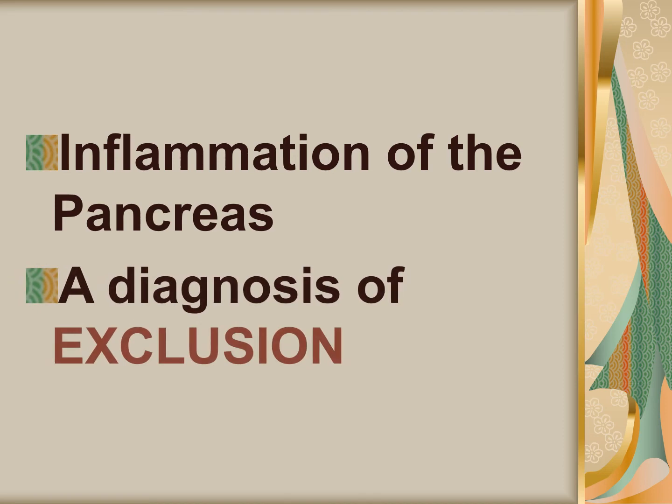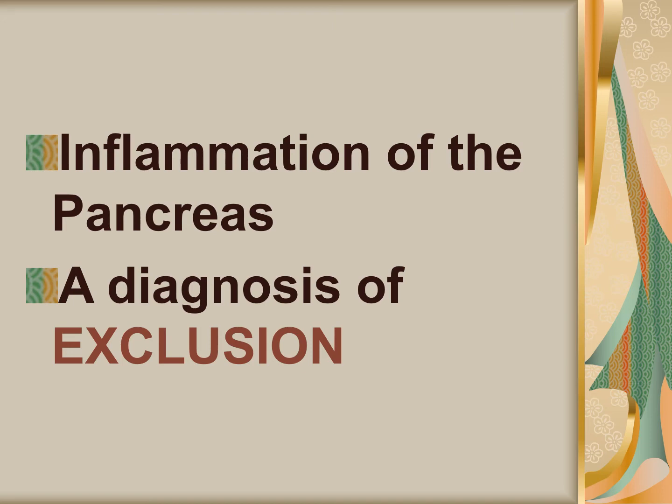So because of this, most pancreatic disease states remain clinically silent or asymptomatic until we've had at least 90% destruction of the organ. And by that point, it's almost too late to save the individual.